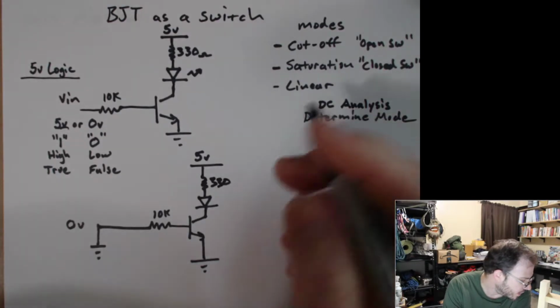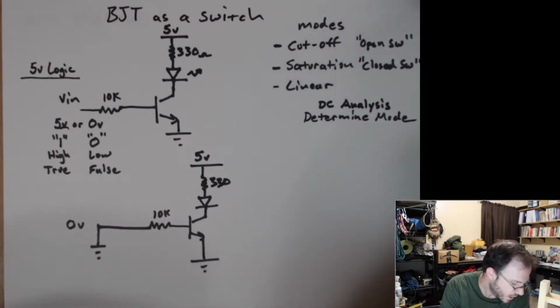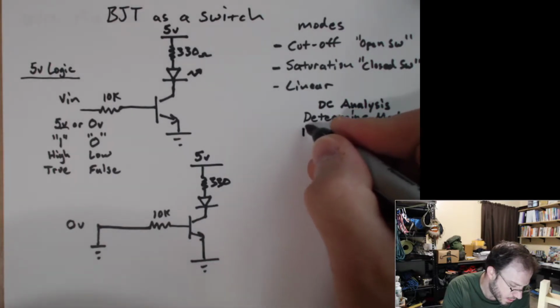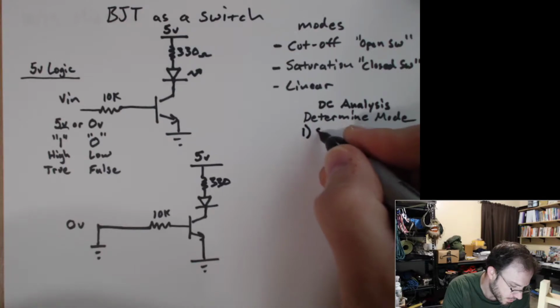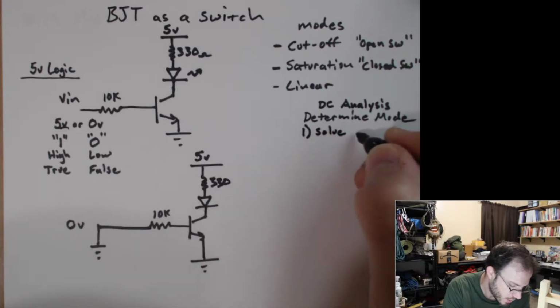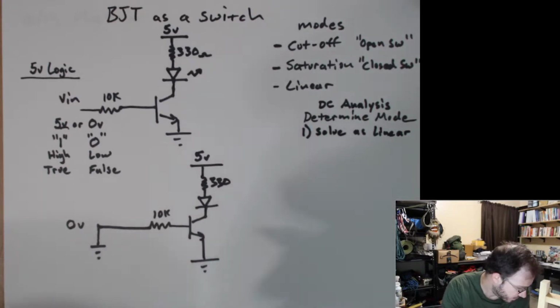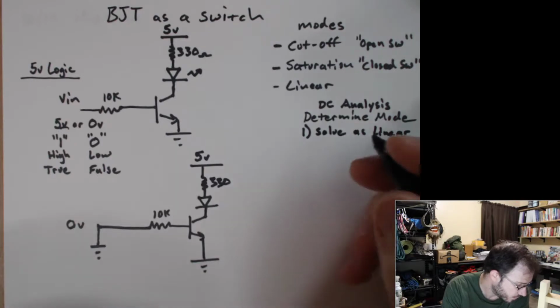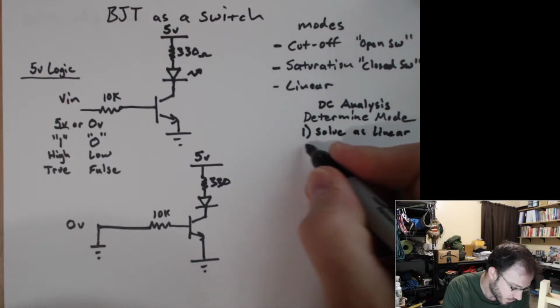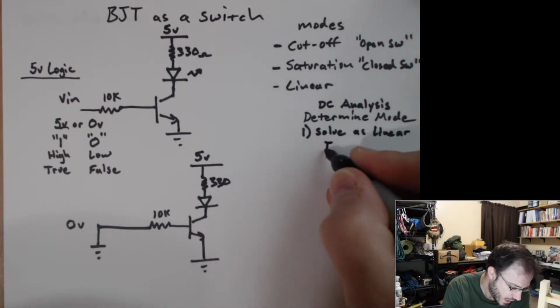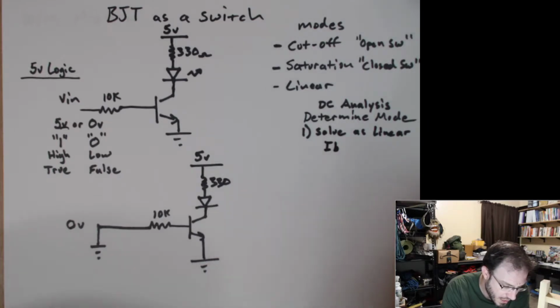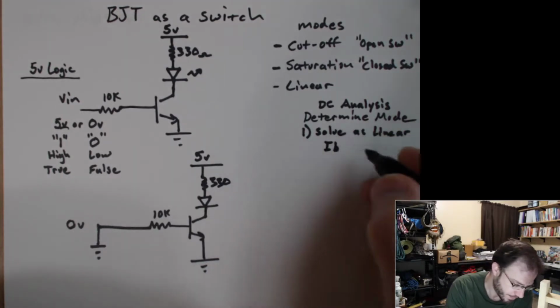The first thing we do is solve as linear and find out what IB is equal to.